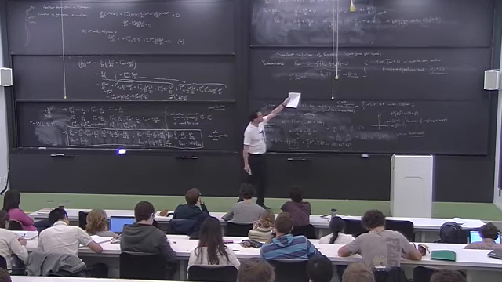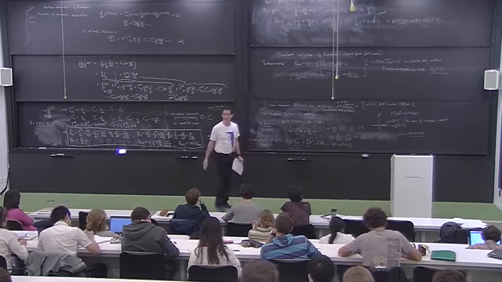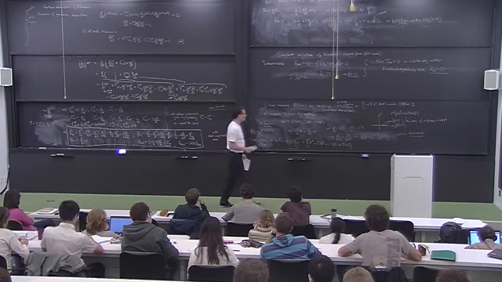And all that's going to happen is that function of t is multiplying the dt squared. So let's just redefine the time to remove it.